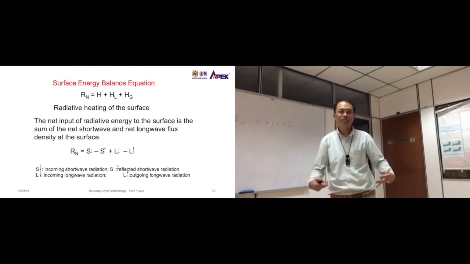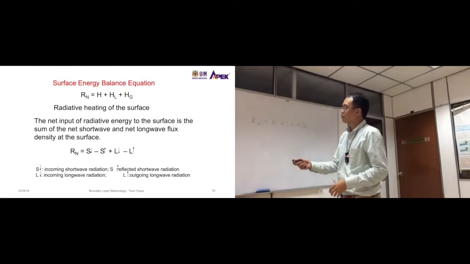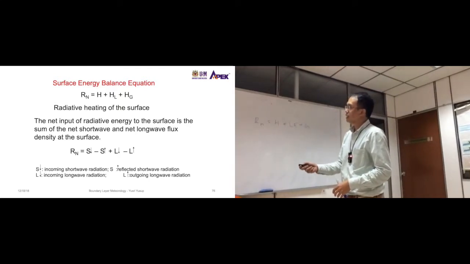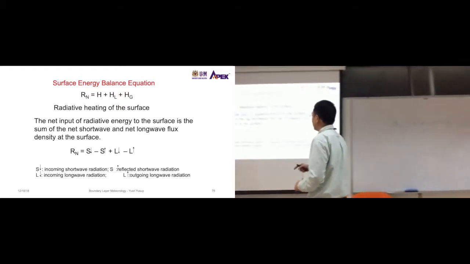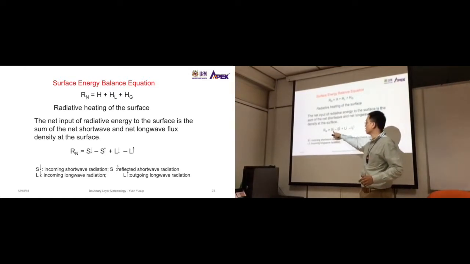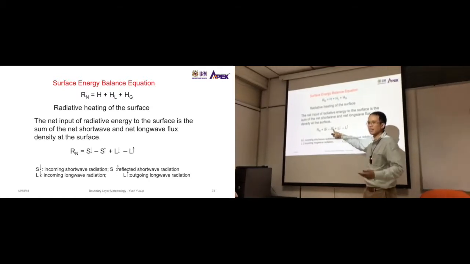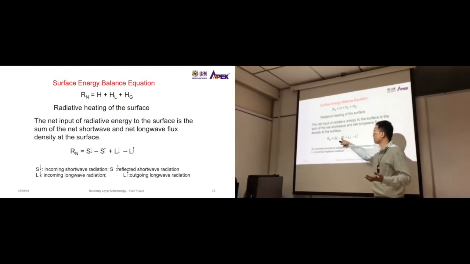It's from other surfaces than the sun. So this net radiation is the net input. The large component is this one. This is very large. This is the energy that comes in from the sun. But then there's also some that gets reflected back, shortwave radiation. So we need to subtract this.